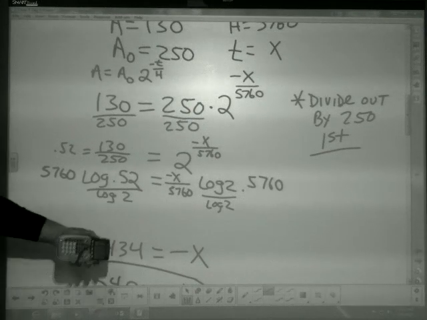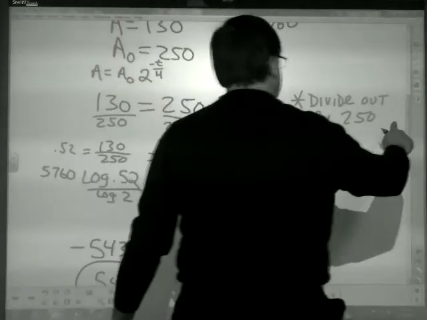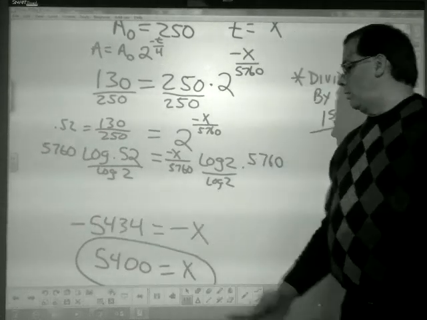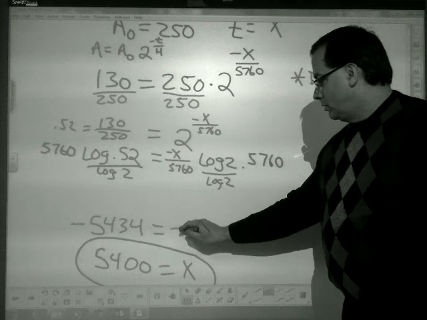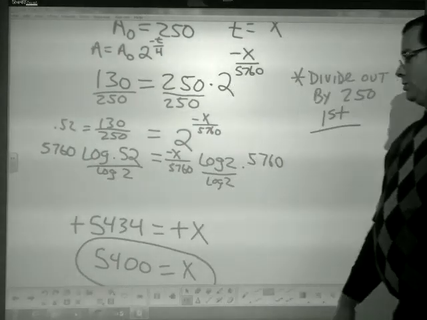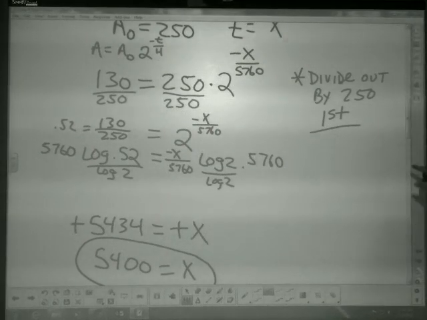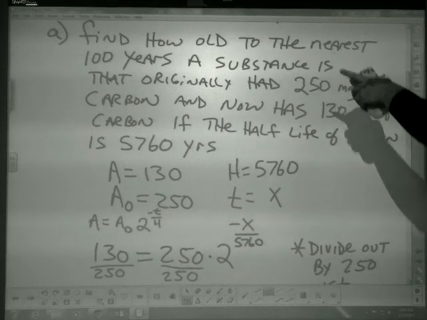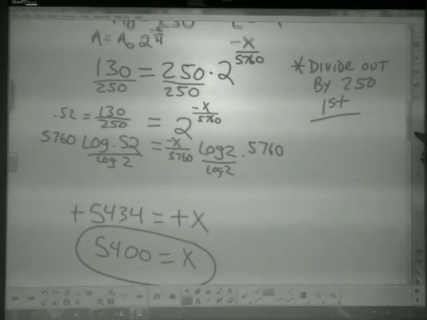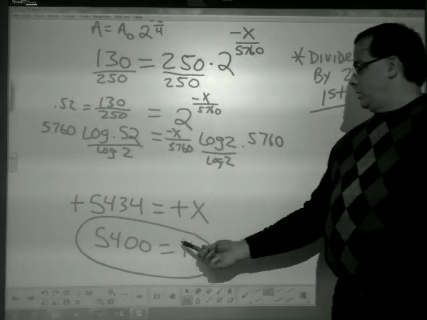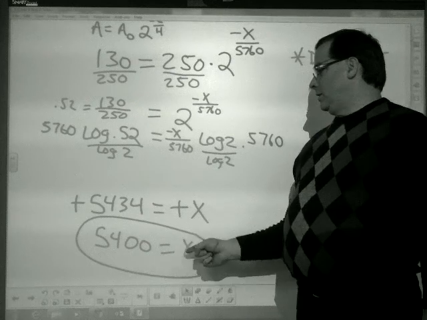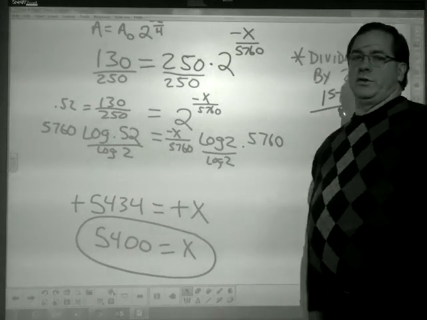And when I do that, I get negative x equals negative 5,434. Well, I'm going to multiply both sides by negative 1, so it makes them positive. And the direction said to the nearest 100 years, so 5,434, nearest 100 years would be 5,400. So we could say that this substance is 5,400 years old.